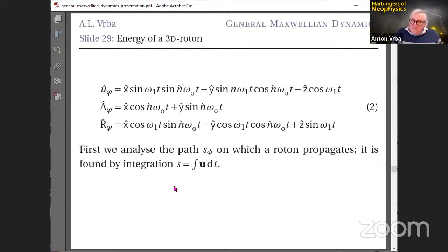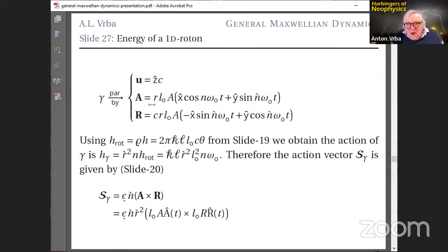Now, the energy of a three-dimensional wave. For the three-dimensional wave, I've chosen such that A looks exactly the same as the A here.